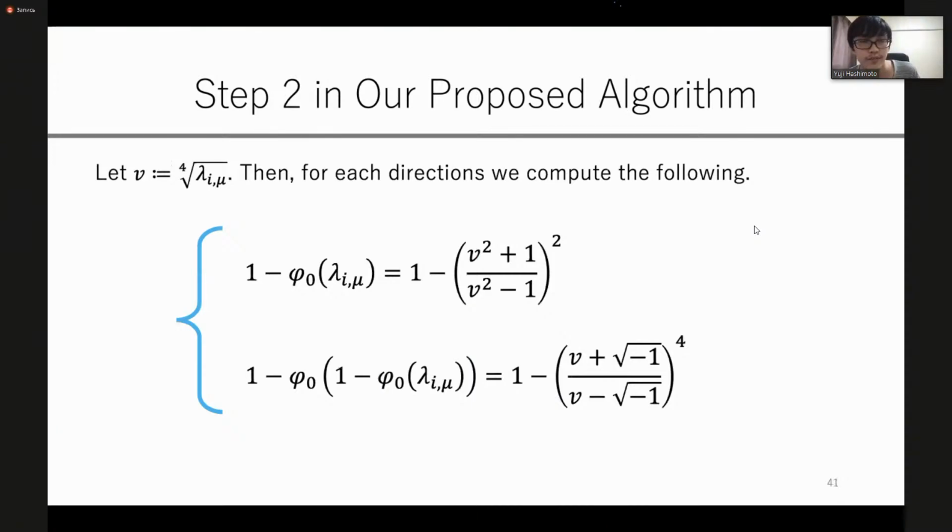Let beta be the fourth root of lambda i mu. Then for each direction, we compute the following.